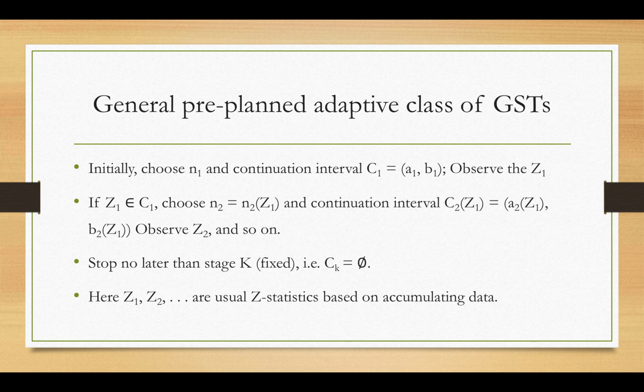So there should be a fixed K at which you will stop the continuation of the interval. Could be 5 or 6 or any other fixed K.